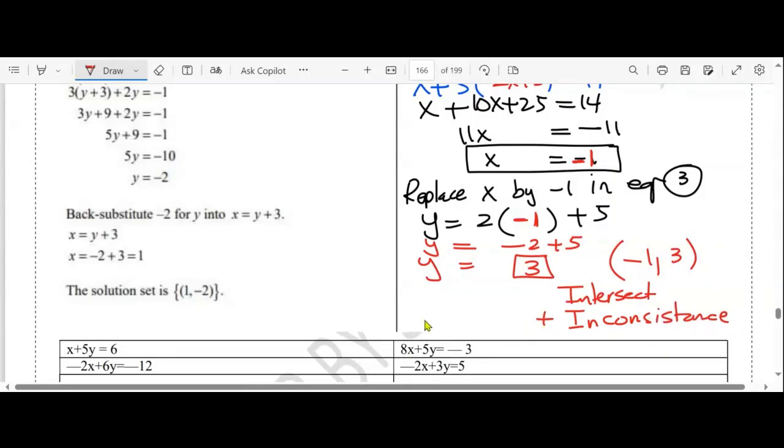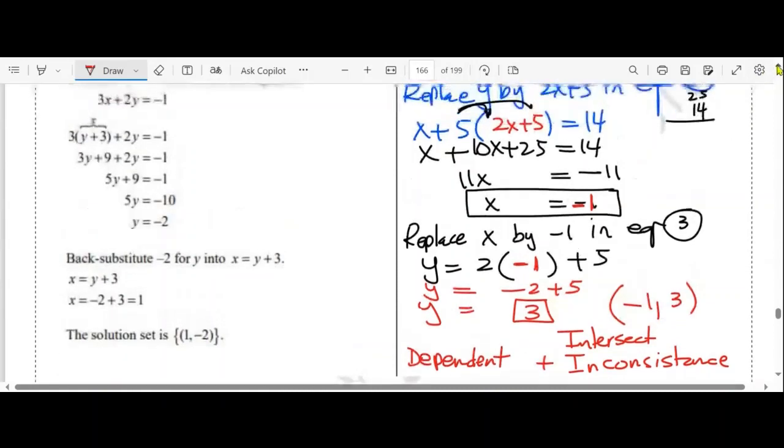What comes with intersect? Inconsistent? Constant? No. Intersect comes with what? We said this last time, right?